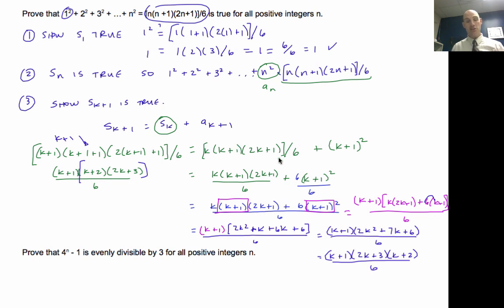I had my initial formula that I proved, right? My general S sub k, and then I added to that the next term, the k plus 1 squared. That's mathematical induction. Prove S sub 1. Assume S sub k is true. Prove S sub k plus 1 by adding S sub k plus a sub k plus 1. All right, that's all there is to it, guys. Thanks for watching, and we'll see you next time.